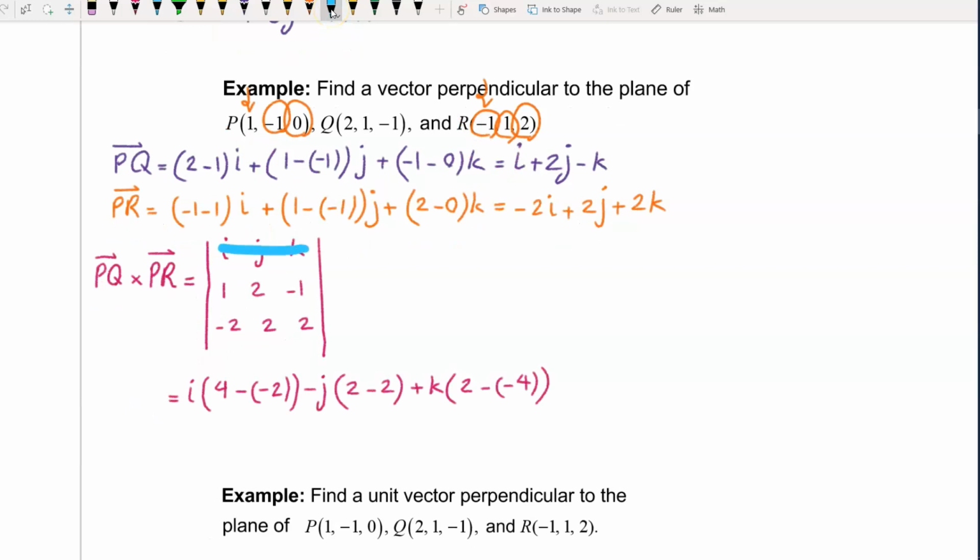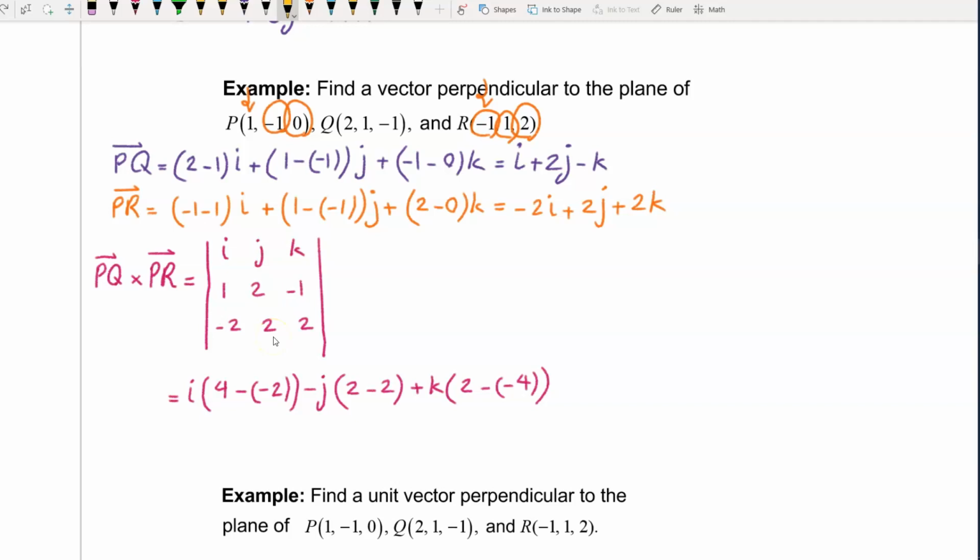So first, here we have i multiplied by 2 times positive 2, or it is 4, then minus negative 1 times 2, so it is 4 minus negative 2. Then we have negative j multiplied by 1 times 2 minus negative 1 times negative 2, so it is 2 minus 2.